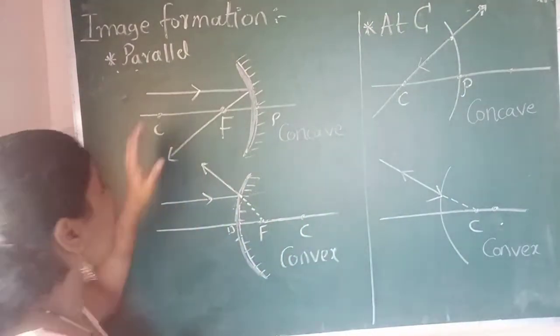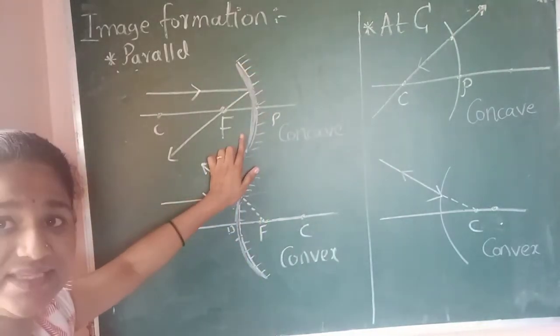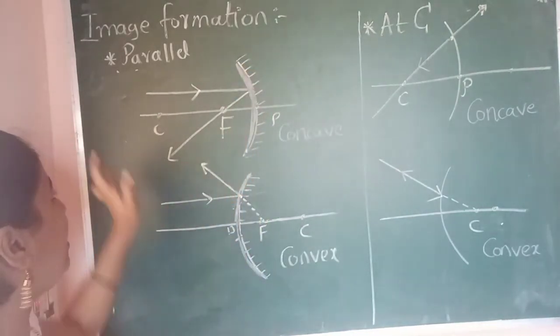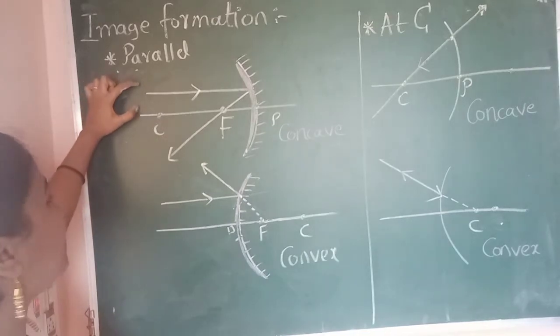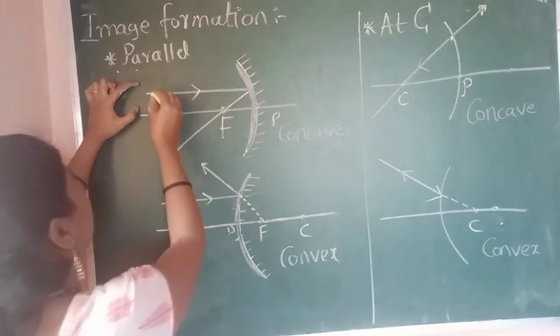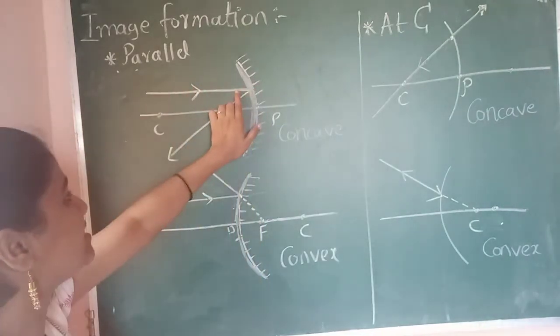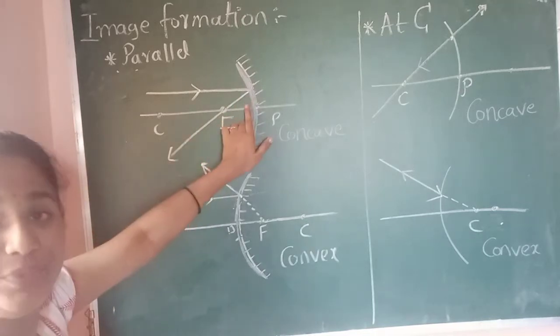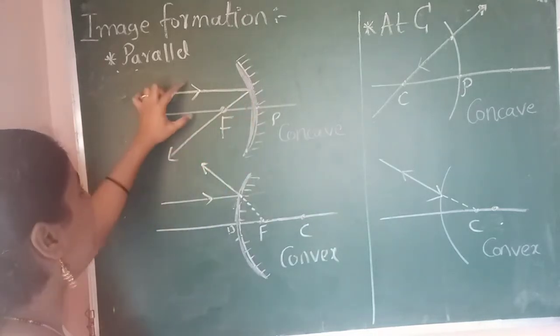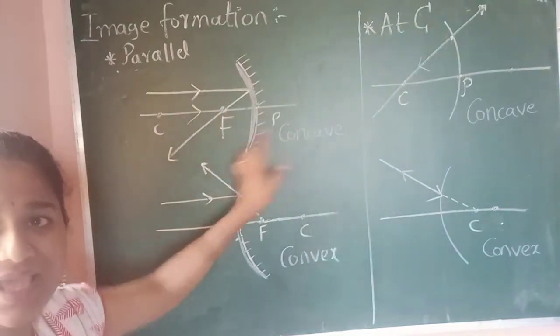Now let us consider a concave mirror, whose reflecting surface is inwards, and a parallel ray of light is incident. This is a parallel ray of light incident on the concave mirror. This parallel ray will be parallel to the principal axis.